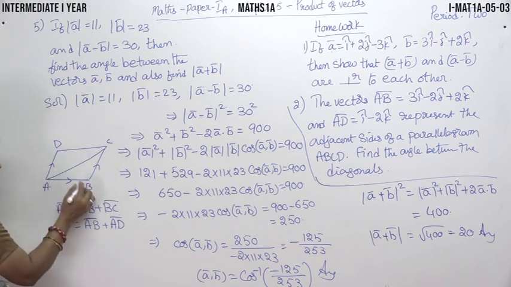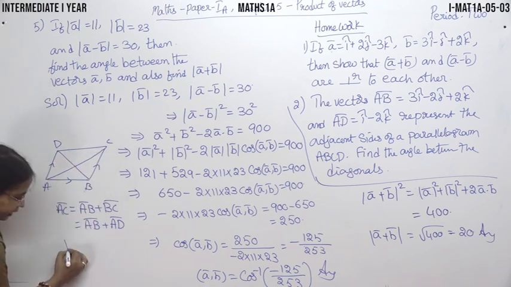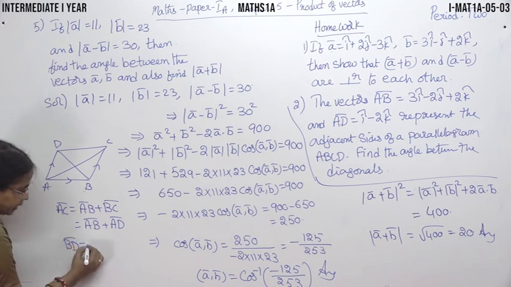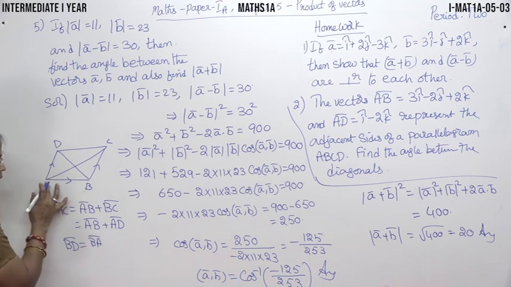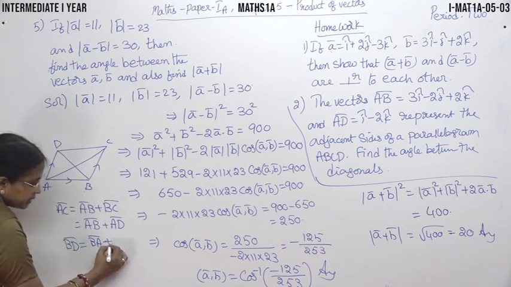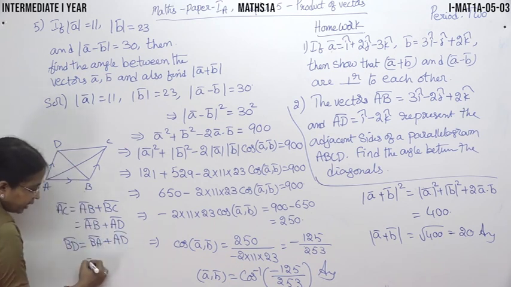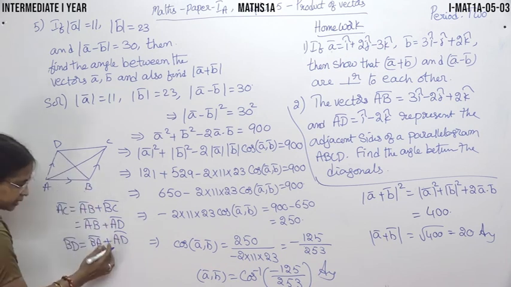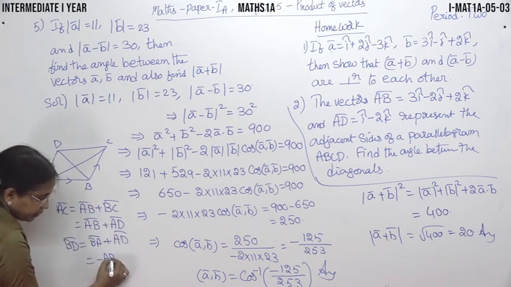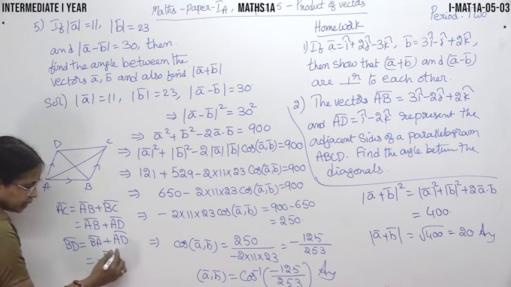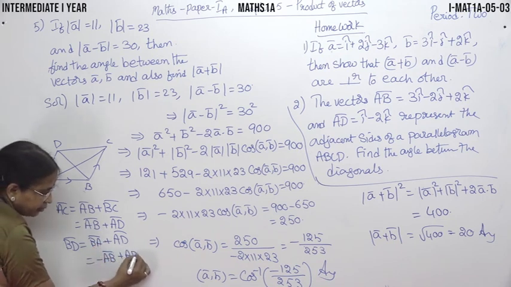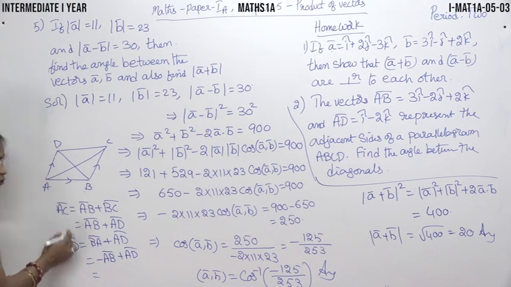Next, another diagonal, BD. What is BD? BD diagonal is BA plus AD. So AD you already know. BA is nothing but minus AB. When you interchange, it becomes minus AB. Minus AB plus AD, you add. Find out these two diagonals.